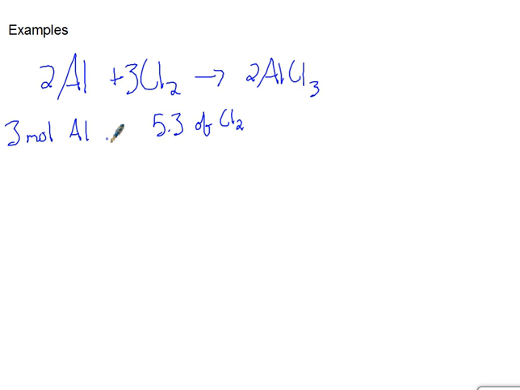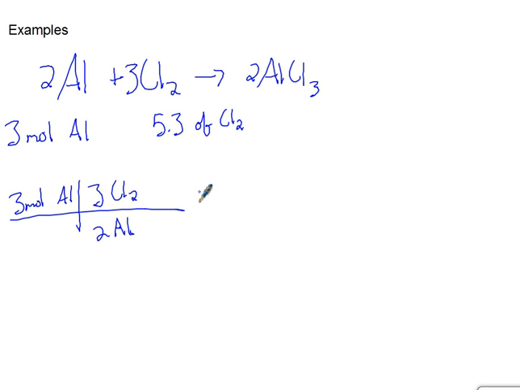Well, first, you know the mole ratios that you need, so you need to compare. If I have 3 moles of aluminum, I know that in order to completely react this with chlorine, I need 3 moles of chlorine per every 2 moles of aluminum. Same steps that we take when doing stoichiometry.